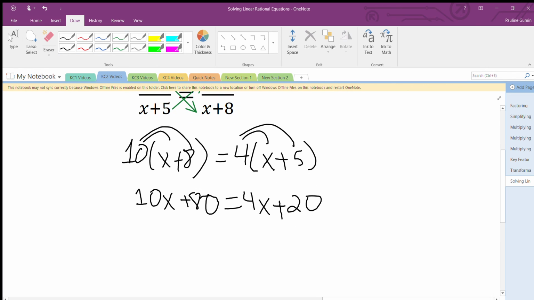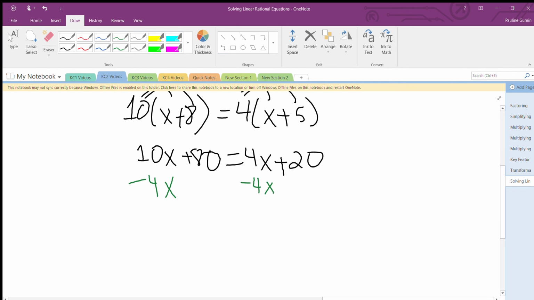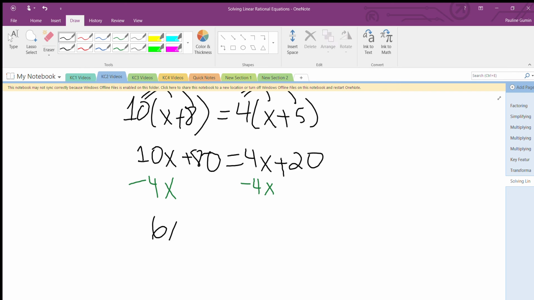Okay. Let's get our x's on the same side. I'm going to subtract 4x to keep my x's positive. So I have 6x plus 80 equals 20. Now, unlike the previous problem, I don't need to watch out to keep my negative, right? I don't really need to keep the plus sign there. When we don't see a sign, it's implied that it's positive.